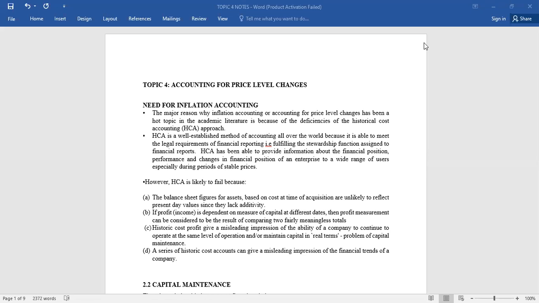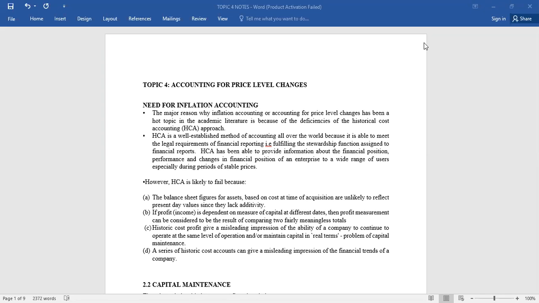The reason being, in financial reporting, it is able to fulfill most of the stewardship function assigned to the financial report. And we know that the financial report is supposed to give us the true and fair view, and in that manner, we consider our historical cost, or the cost that we incurred, as the true and fair.